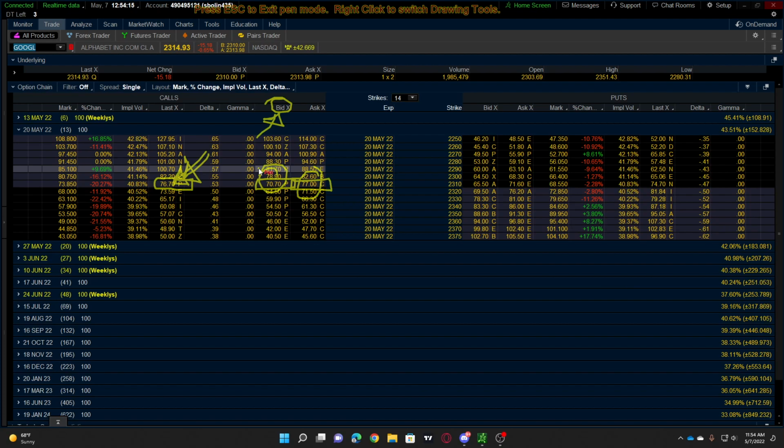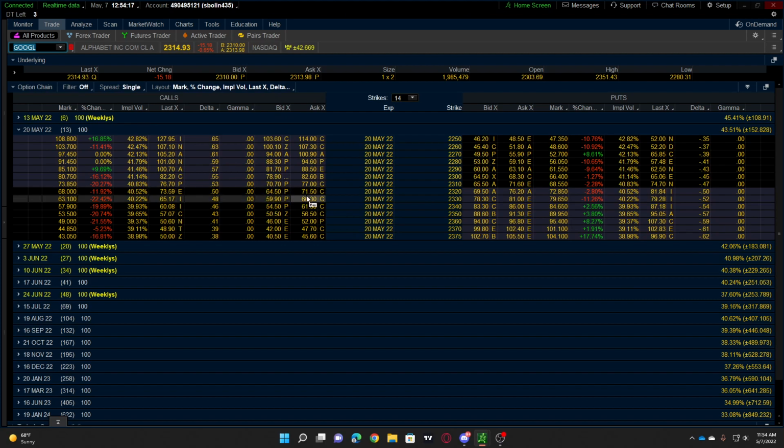But either way, if we continue to hammer down on one strike in one series, in that one expiration, we can drive the value of those particular options higher or lower, whether or not Google moves at all.